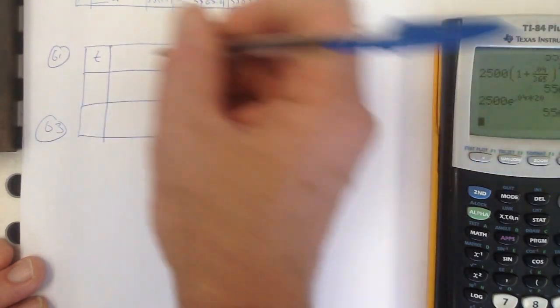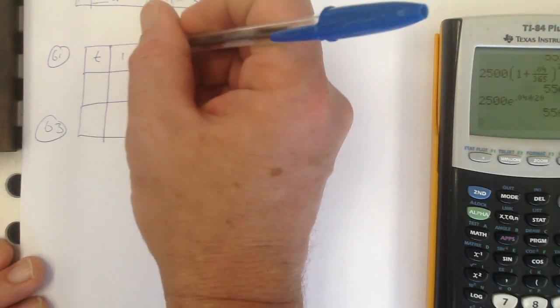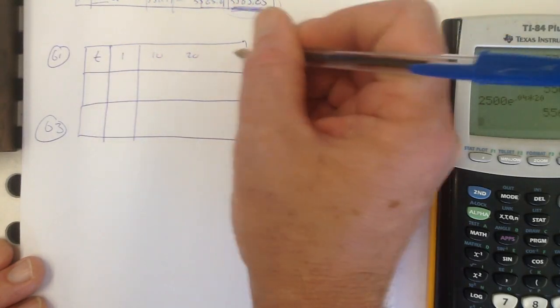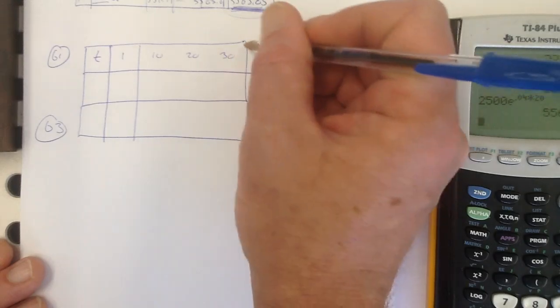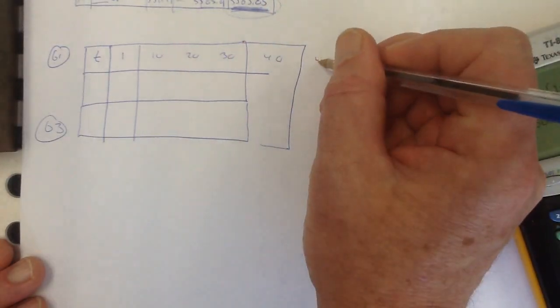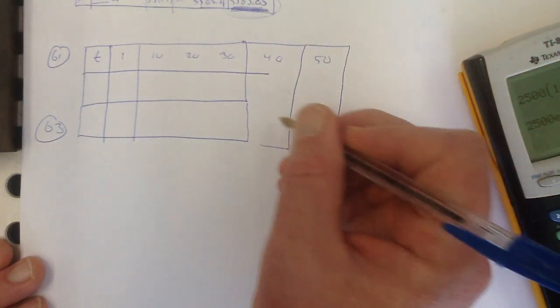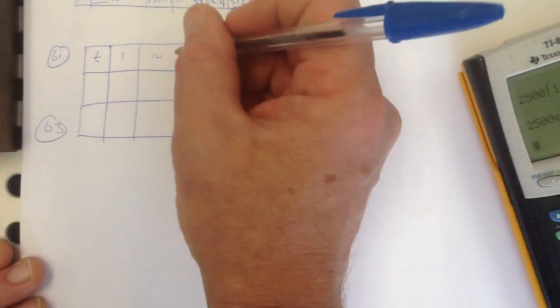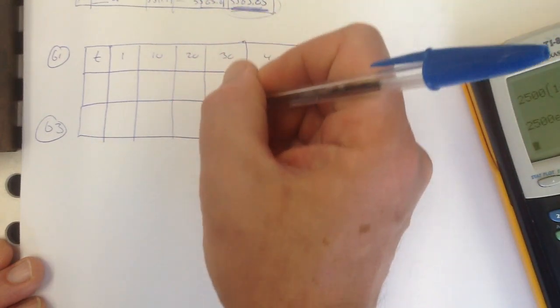So for times 1, these are times now, how many years? 10, 20, 30, 40, 50. I'm blowing up my table because I'm realizing I'm not going to have room to write these big money values.